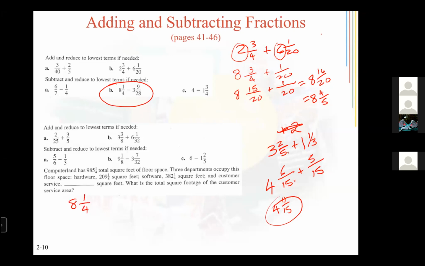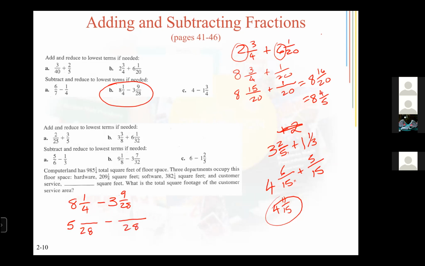So if we subtract the whole numbers first, what do we get? 5. Okay, so that's 5. And then we now need to find a common denominator for both of those. 28. Okay, 28 is correct.